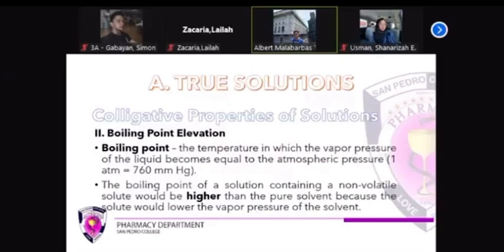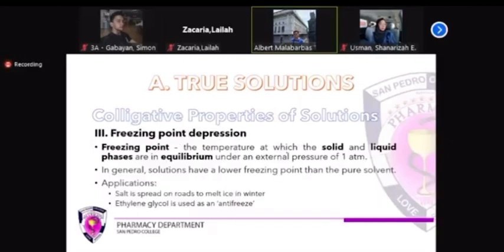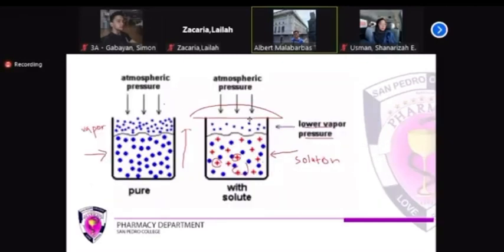It is said that if you add more solute, the boiling point elevates or increases. So what do we mean by this? Let's start by defining boiling point. Boiling point is the temperature at which the vapor pressure of the liquid becomes equal to the atmospheric pressure. If we go back to our two illustrations, the pure solvent, like water, has a boiling point of 100 degrees Celsius.